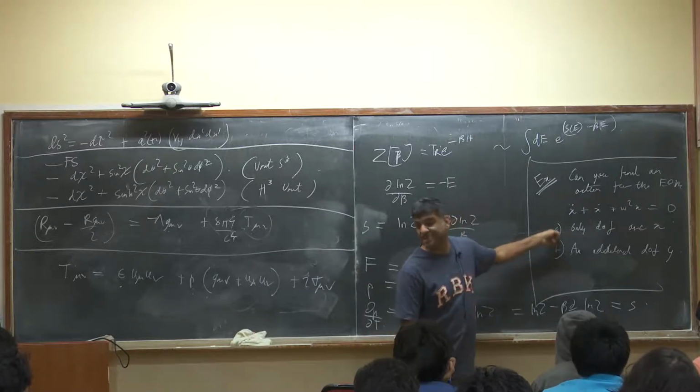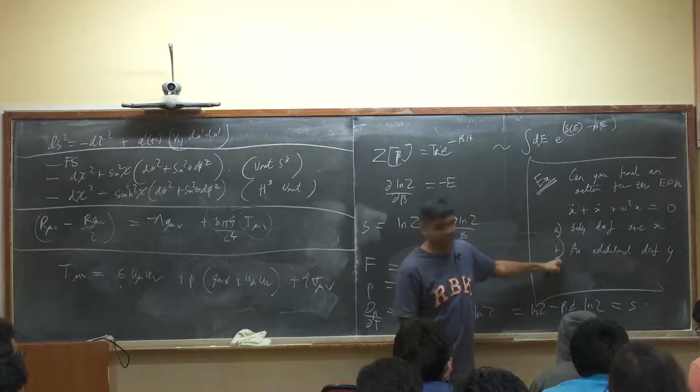You'll find that in A it's not possible. If you have a second additional degree of freedom, you always can find such an action.